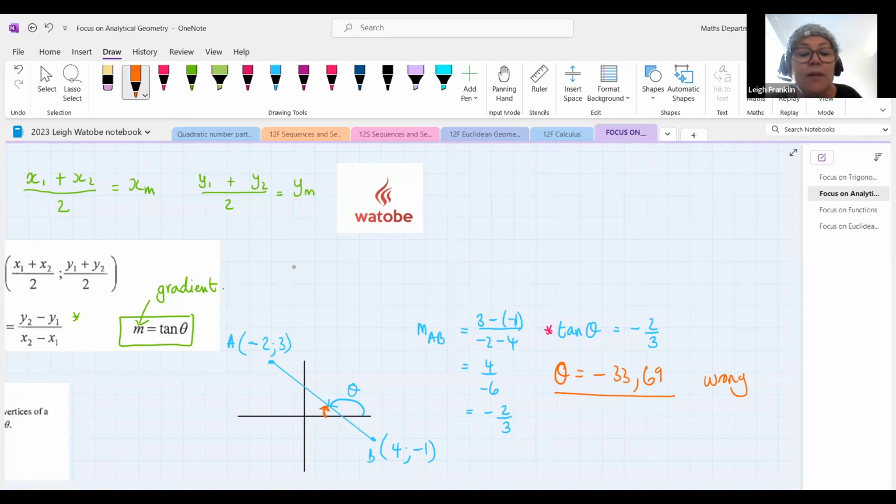So if you understand the Cartesian plane, you understand trig. When we go in that direction, angles are negative. So clockwise, angles are negative. That's why if you use the -2/3, it's going to give you a negative angle. Okay, so that would also be incorrect. Sometimes we see this happening as well. Okay, so don't make the mistake of doing that either.